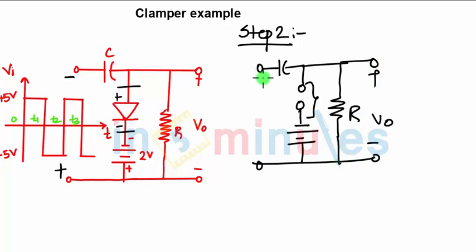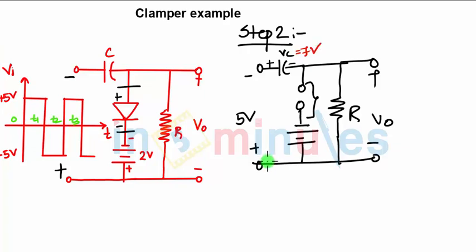The supply voltage now will have polarity negative-positive, and the voltage is 5 volts. The charge on the capacitor, as we have seen in the previous step, is plus-minus VC, and the value the capacitor was charged to was 7 volts, right?